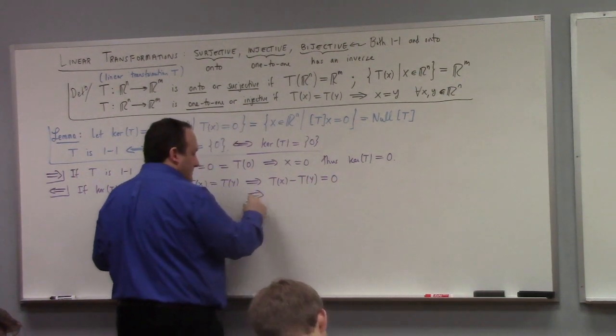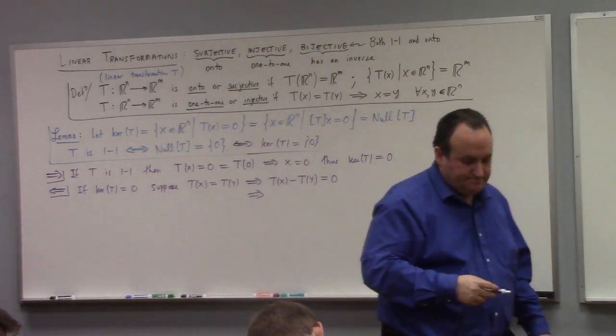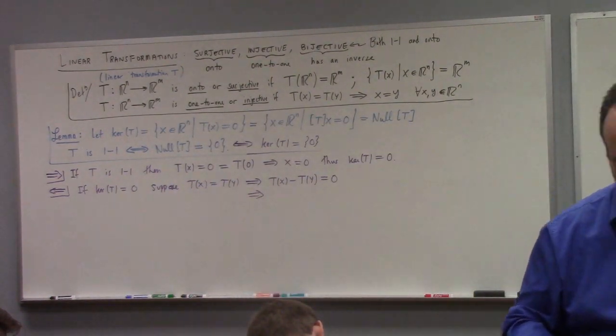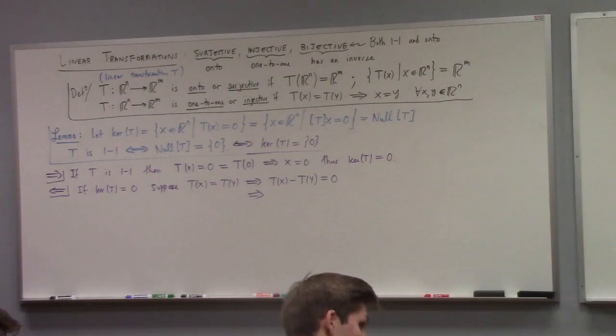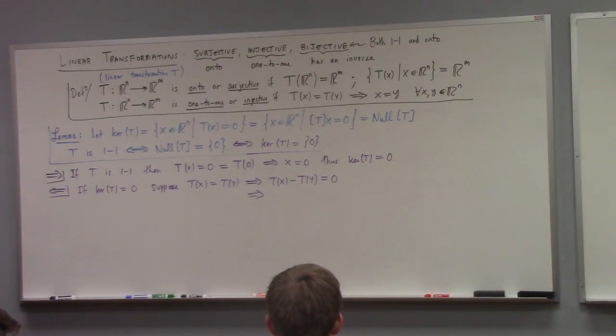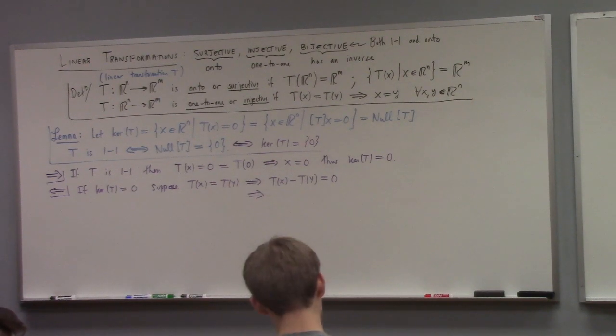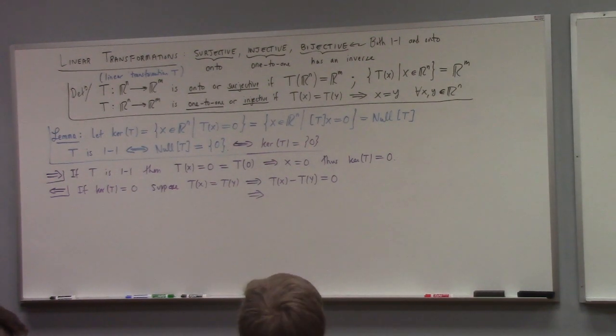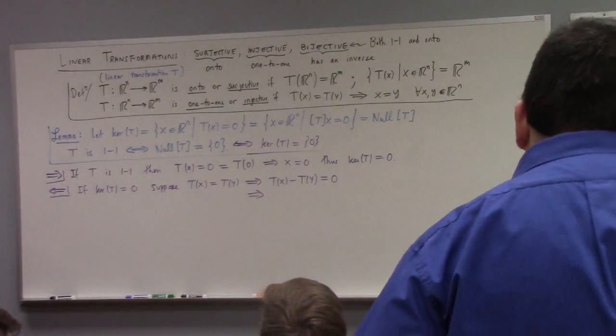Which tells me what? If it's linear, what can we do? T of x minus y.